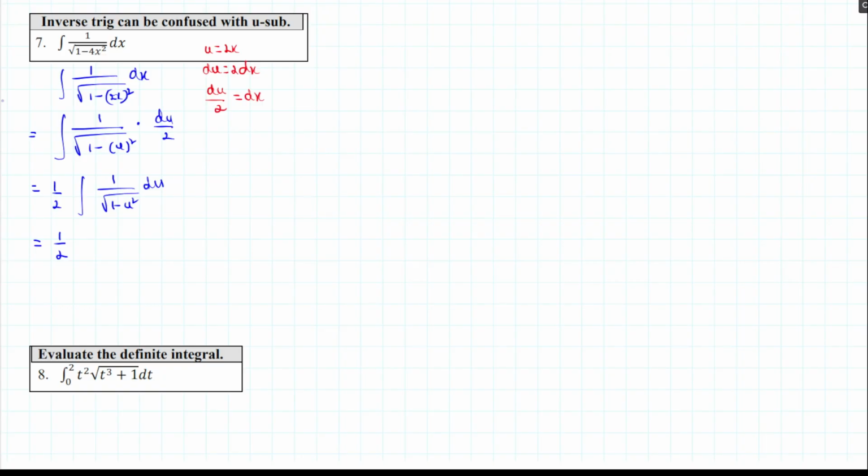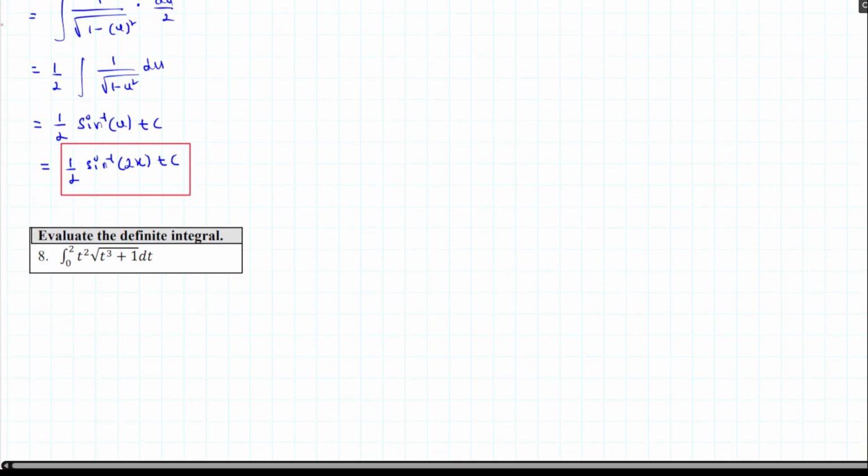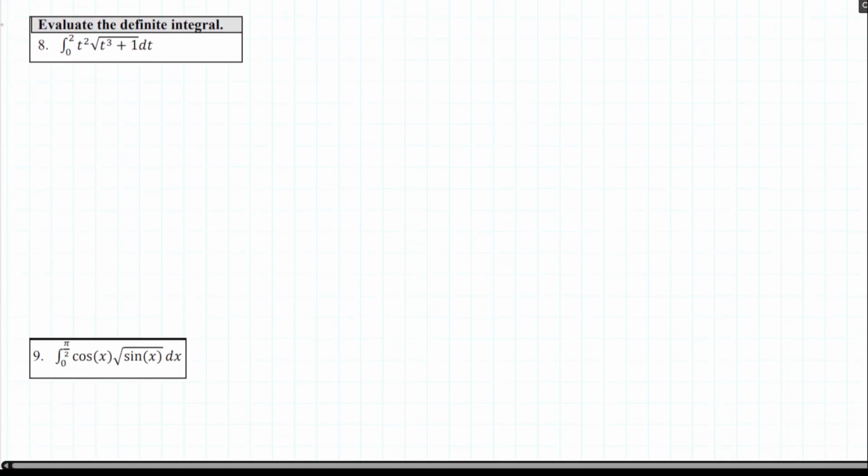So this is the integration of sine inverse u plus c. That is 1 half sine inverse u, where u equals 2x, plus c. So this is the integration of this integral. Let's see the next problem.